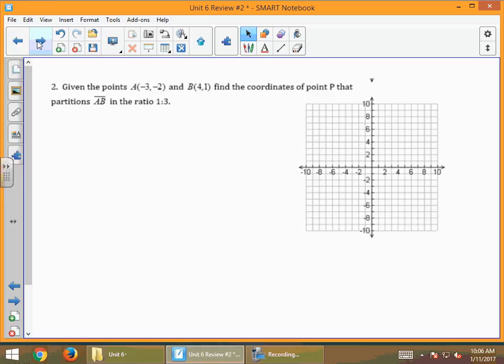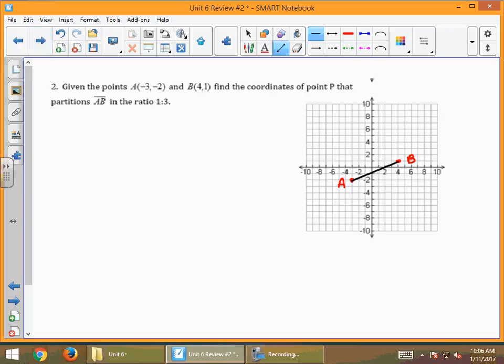We're going to plot our points, as everyone should. If you leave this blank on today's assessment and Friday's test, you're just not helping yourself out. A is at (-3, -2), right there. B is at (4, 1). That's the segment I'm trying to partition.